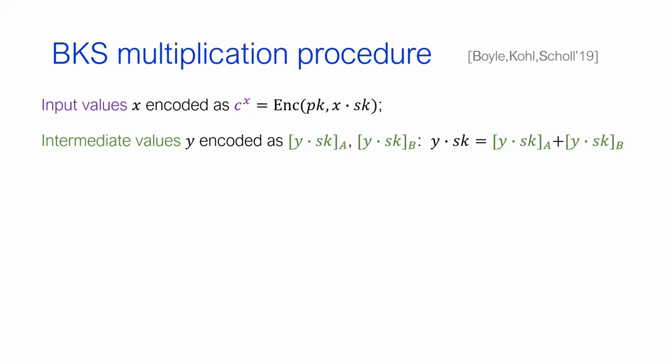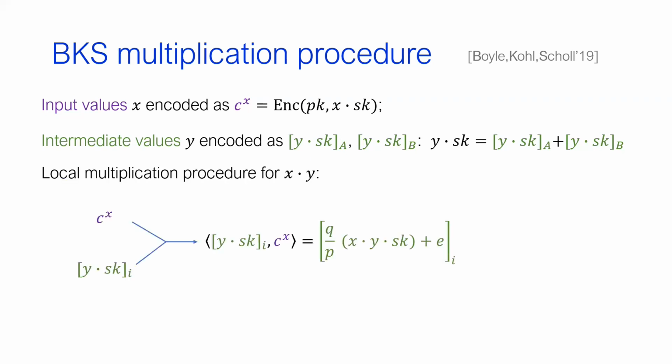So Alice is going to have this value and Bob this one, which add up to Y times the secret key. When we want to homomorphically compute the multiplication of an input value X and an intermediate value Y, we just have to compute this inner product, which by the properties of the LWE-based encryption is going to give an additive sharing of this expression.